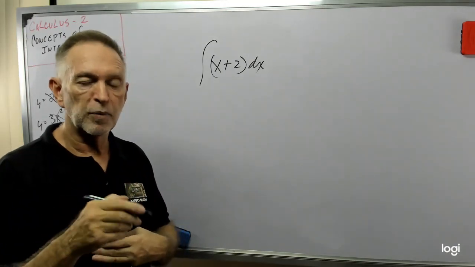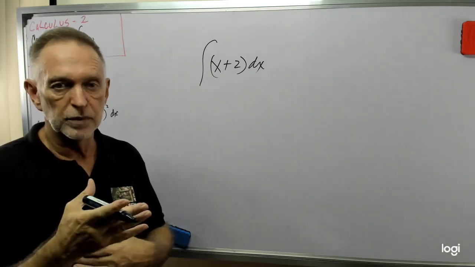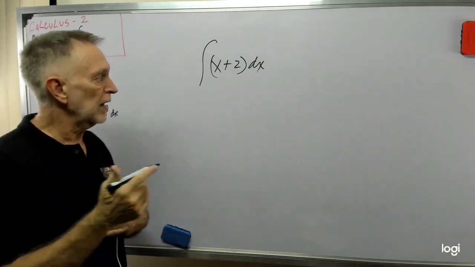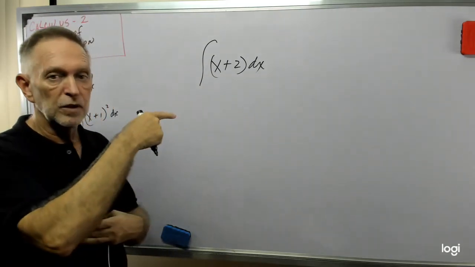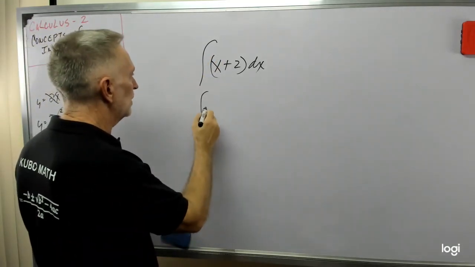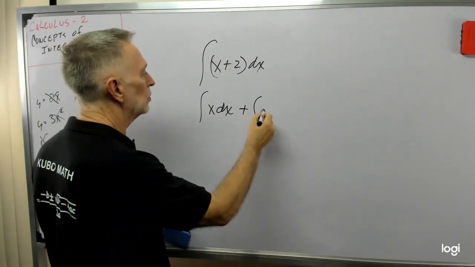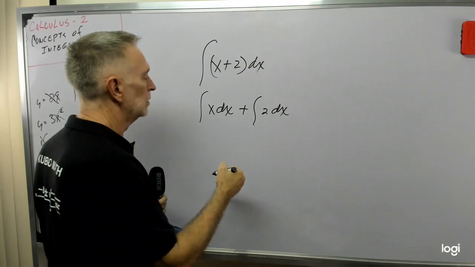So it was f prime of x plus g prime of x, and the difference was just the opposite, subtracting. This is the same. You can separate these out.